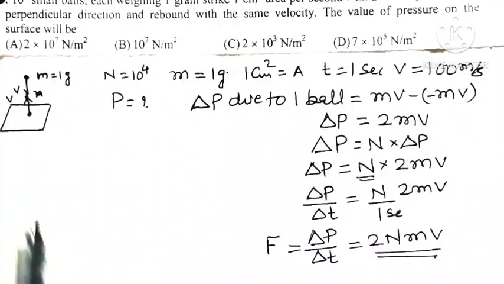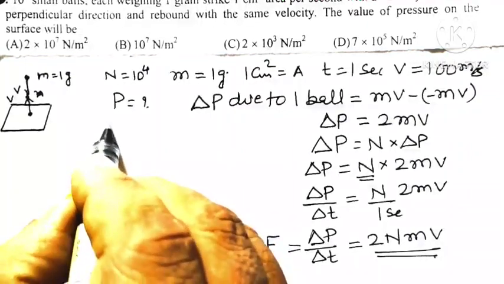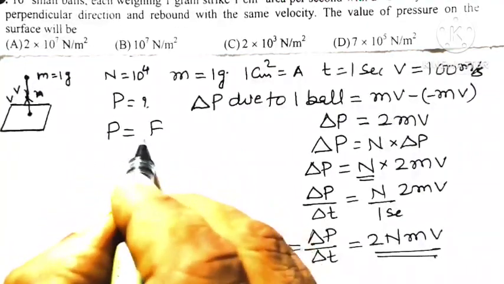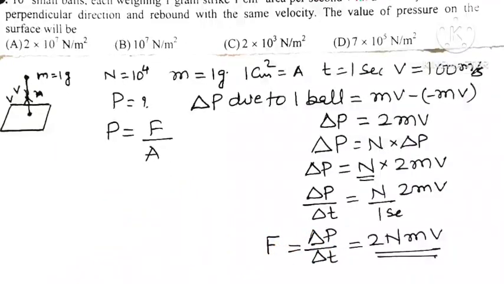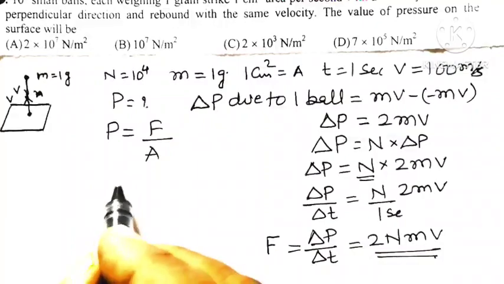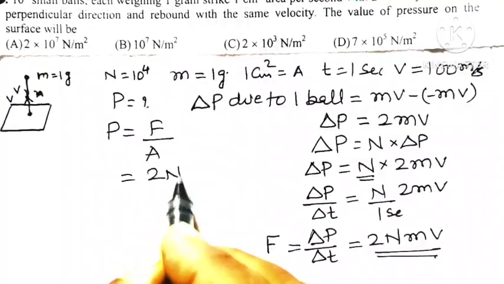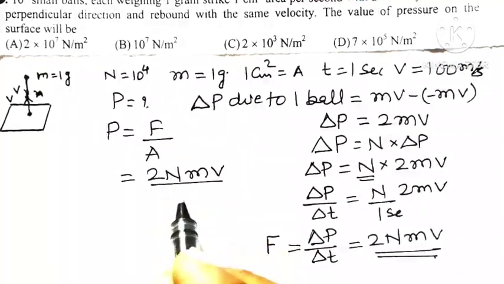So the force exerted by 10 raised to 4 balls is equal to 2nmv, and by definition we want to find pressure. Pressure is nothing but force per unit area. Here force is 2nmv and area is A.